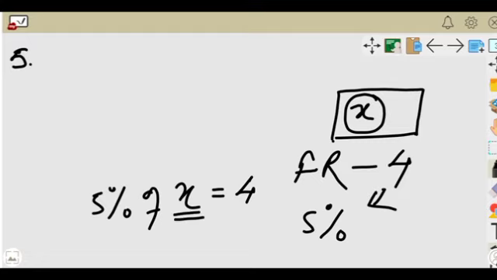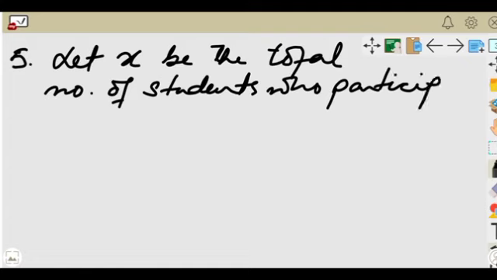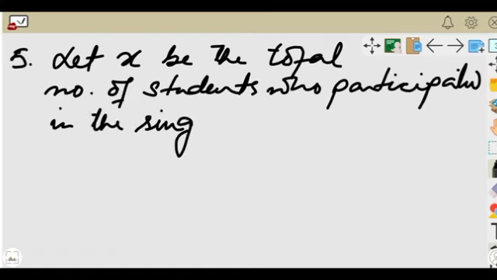Total number of students who participated in the singing competition. So let me write, let x be the total number of students who participated in the singing competition.